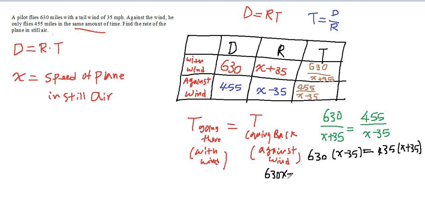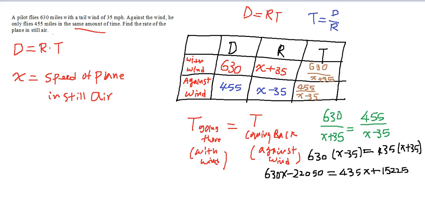So 630 times 35, I got minus 22050. Now you've got 435x plus 435 times 35, which is 15225.